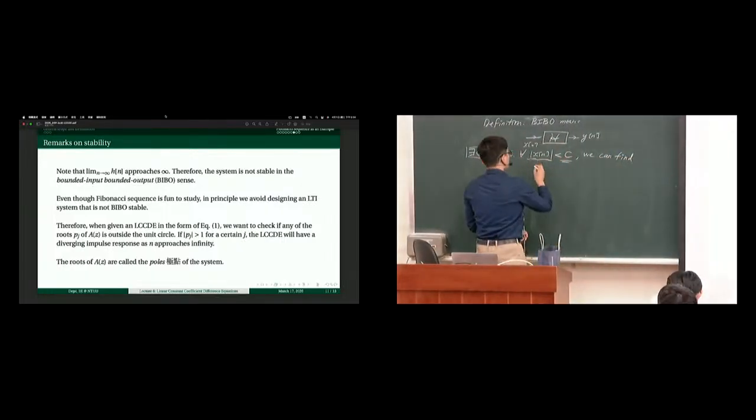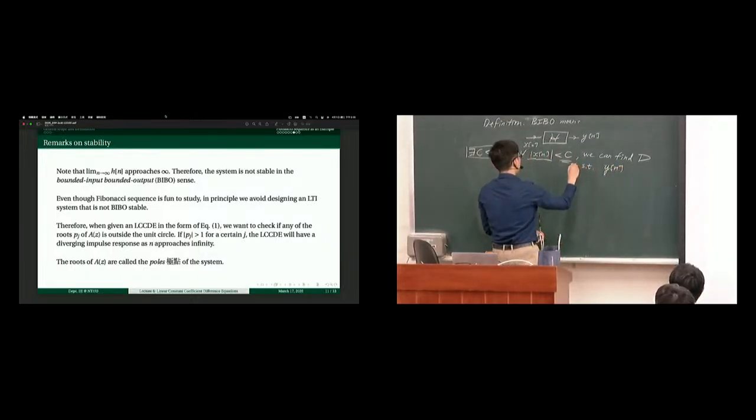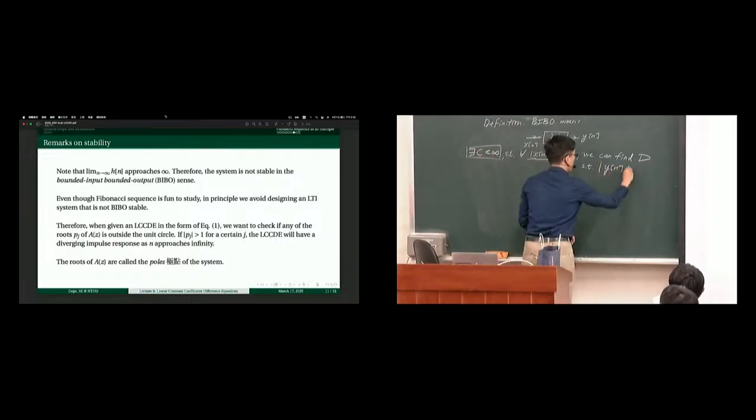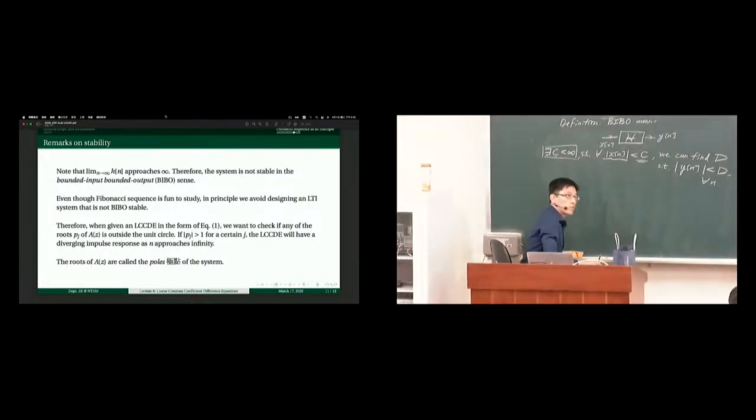So let's say there exists d such that |y[n]| is smaller than d for any n. Okay? That's the definition of bounded input, bounded output.